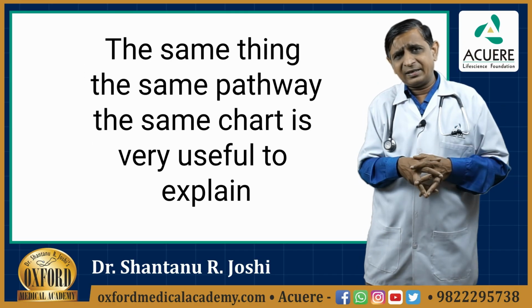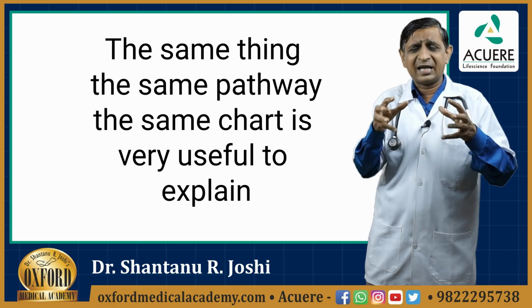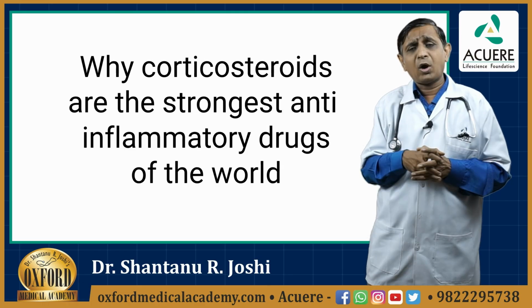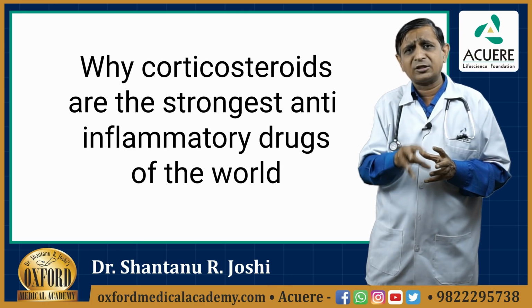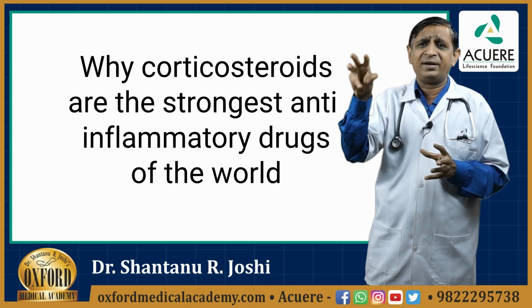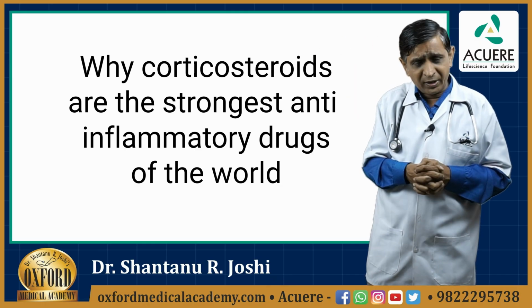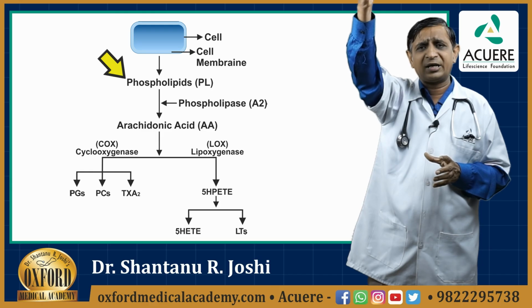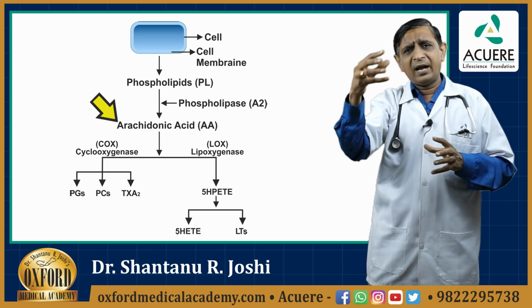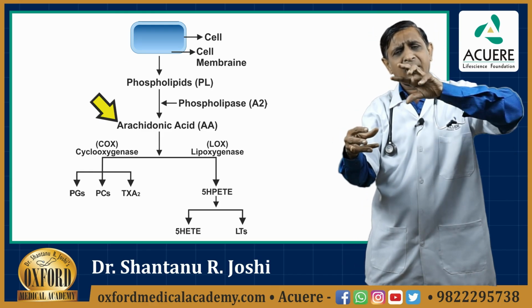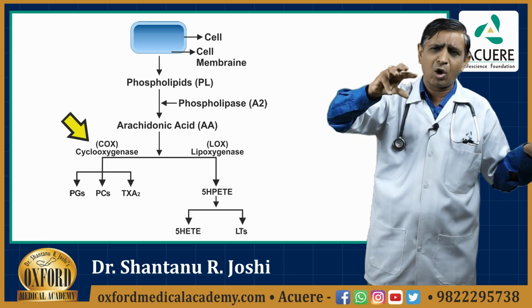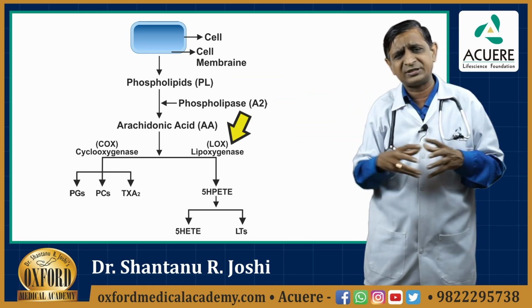The same chart is very useful to explain why corticosteroids are the strongest anti-inflammatory drugs of the world. Dear students, all of you know that the reaction starts with the conversion of phospholipids into arachidonic acid, and arachidonic acid will get converted by either the cyclooxygenase pathway or the lipooxygenase pathway.